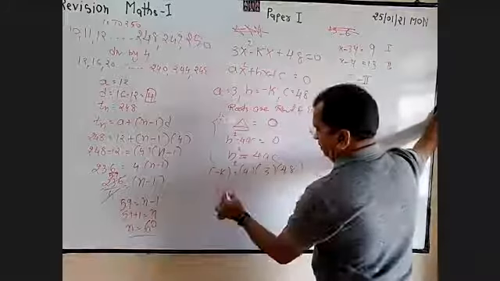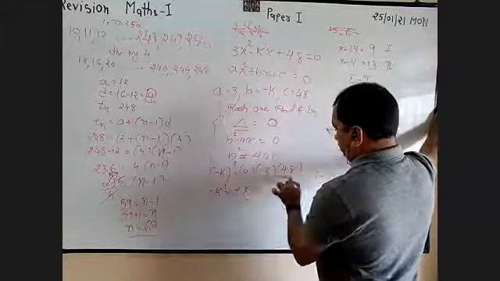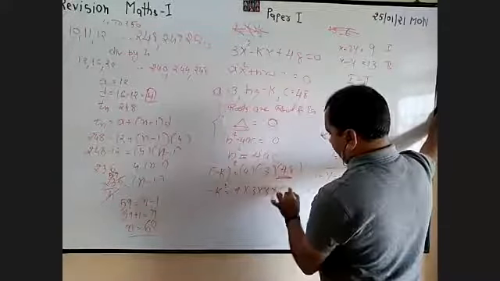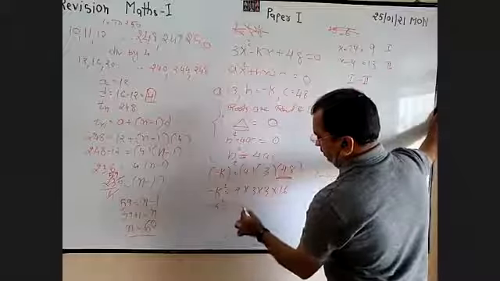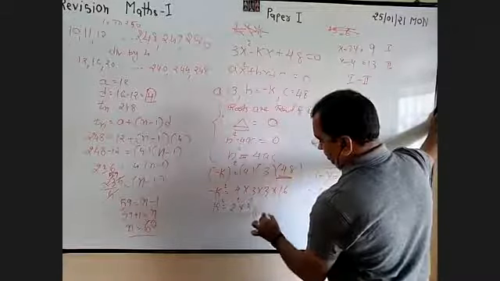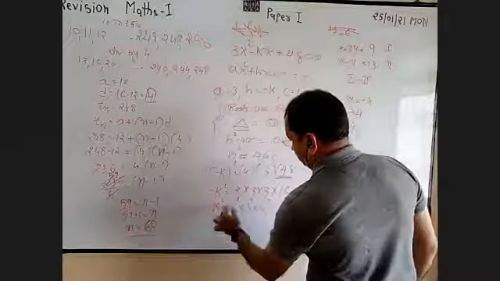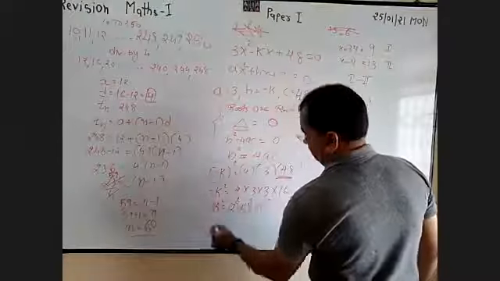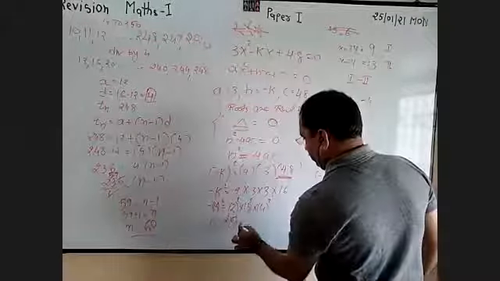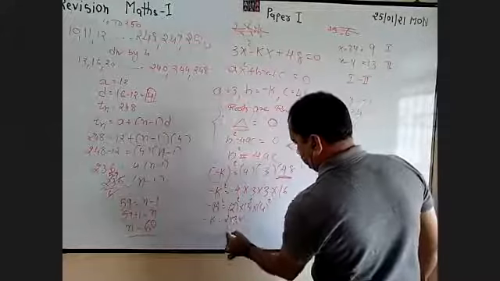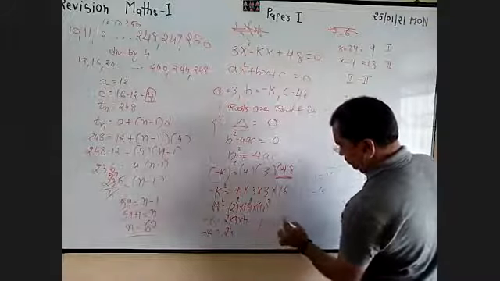Minus k square, 4 will be as it is, 3, take 3 factor from here. So k square is equal to 2 square, 3 square, 4 square. Taking square root, 2 into 3 into 4, 24. So k is equal to minus 24.